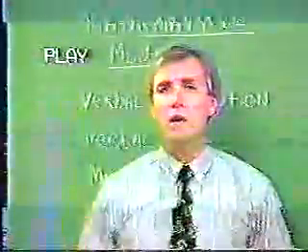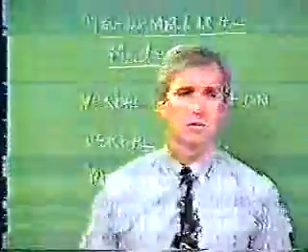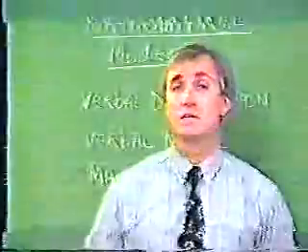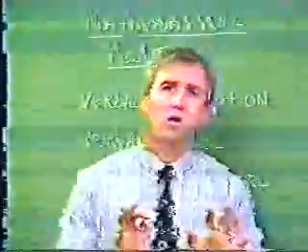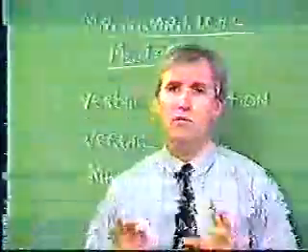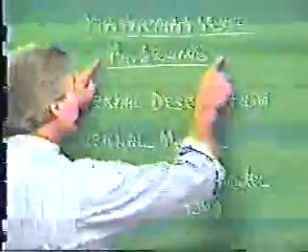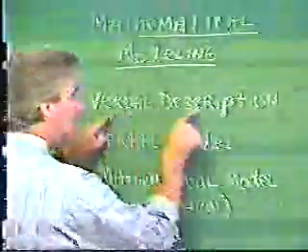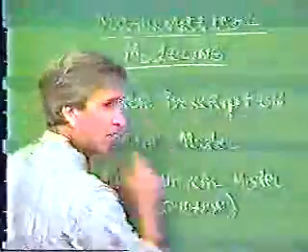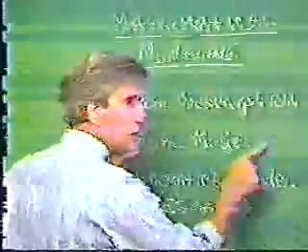I believe that equations are most useful in solving word problems. Now, the word problem idea is probably the most intimidating thing in mathematics. Let's look at how a word problem transforms into an equation. Here's one way to look at it, and it's through a method called mathematical modeling. Mathematical modeling involves taking a verbal description, which is the problem itself written in words, and writing down a verbal model.